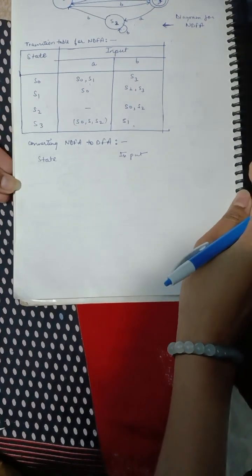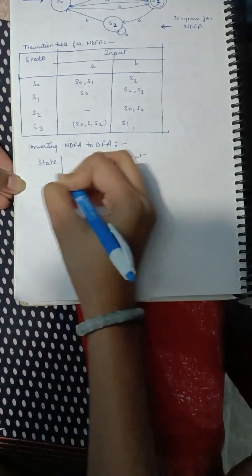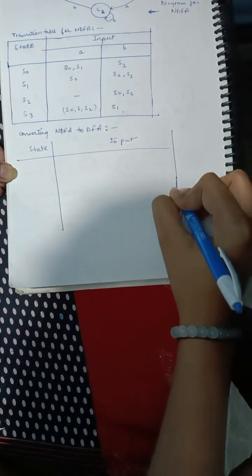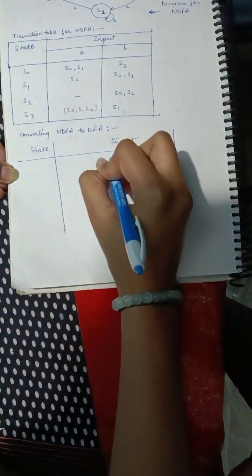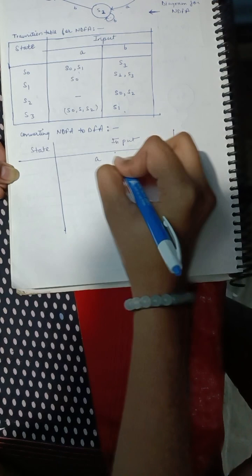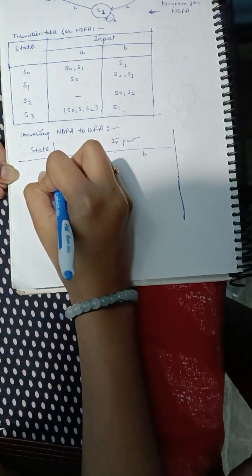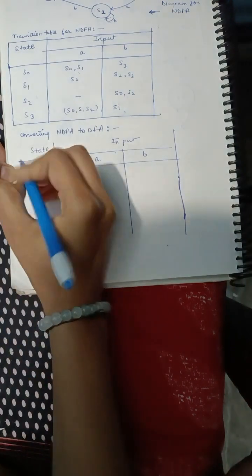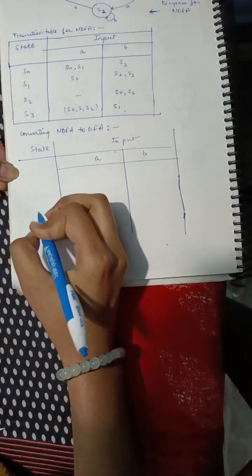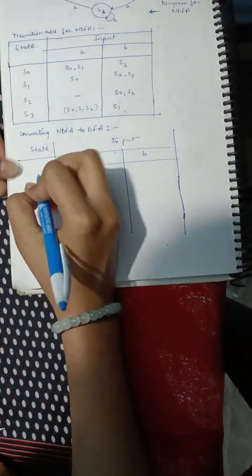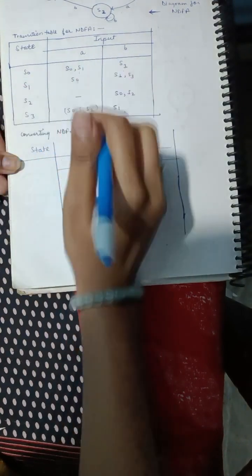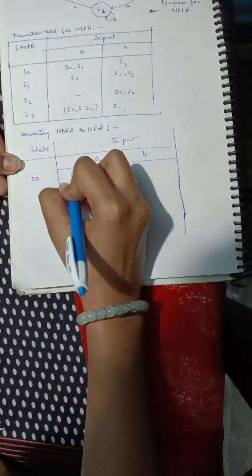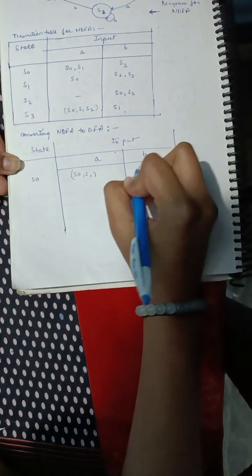Input, okay, here will be state, A and B. So first of all we will write the first row as it is, that is S0, S0 comma S1 and S3.